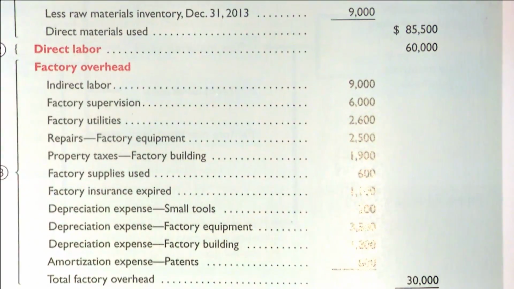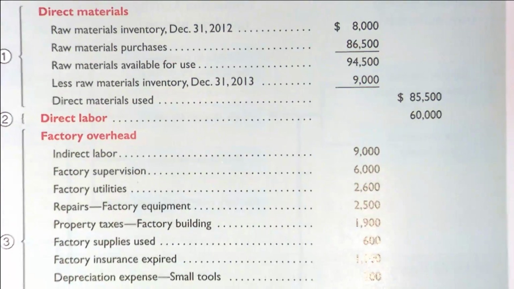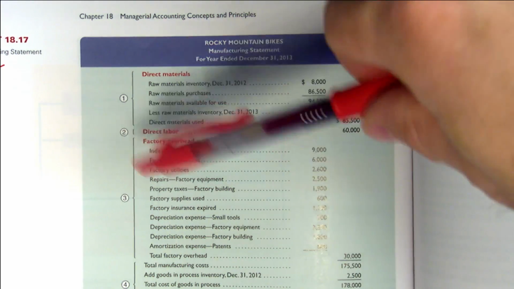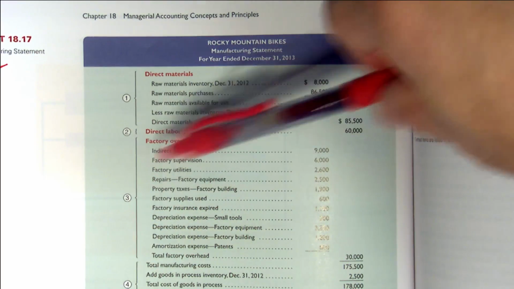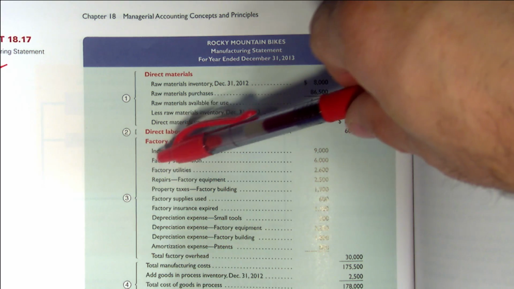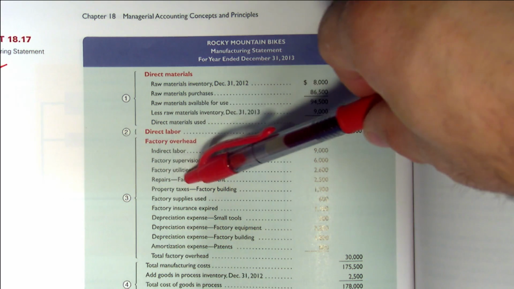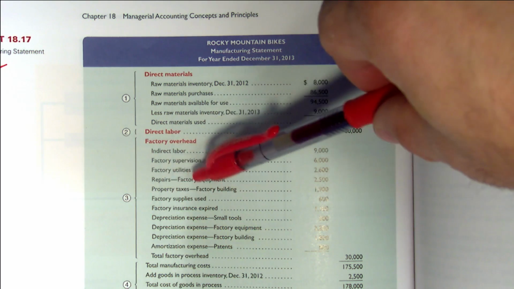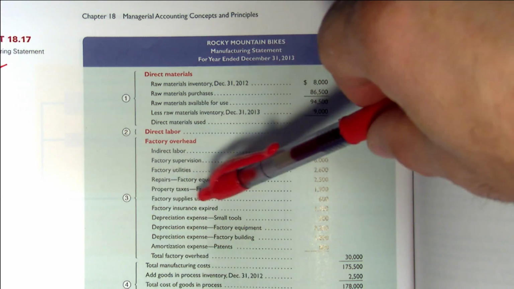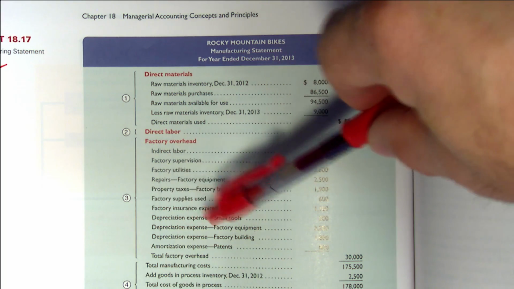And what you can see here is they list out a bunch of items that are factory overhead. Let's go through those. This is a good reminder. Indirect labor is factory overhead, right? Factory supervision, factory utilities, repairs on the factory equipment, property taxes on the factory building, factory supplies used, factory insurance expired, depreciation expense on the small tools.